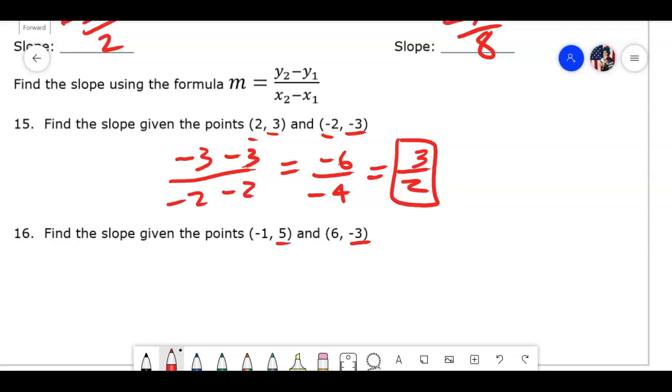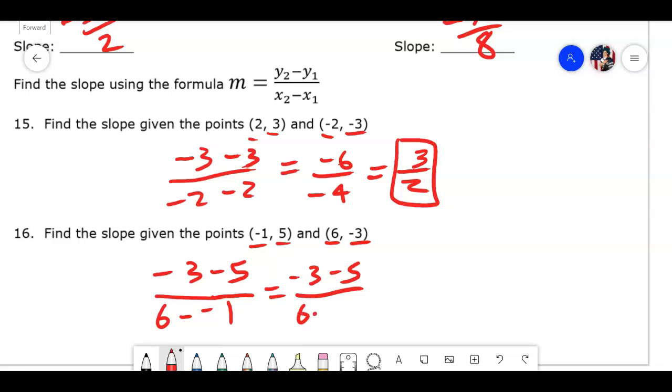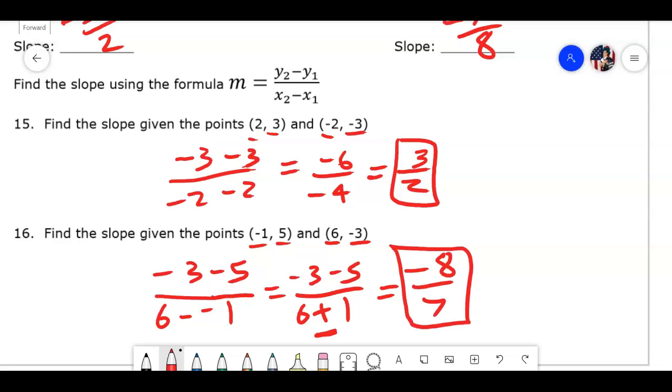Again, y2 minus y1, negative 3 minus 5 over x2 minus x1. Careful when you're subtracting a negative number. You've got to write the minus sign, then the negative sign, or you can turn the minus a negative into a plus sign. Either way, negative 3 minus 5 is negative 8. 6 plus 1 is 7. That does not reduce.